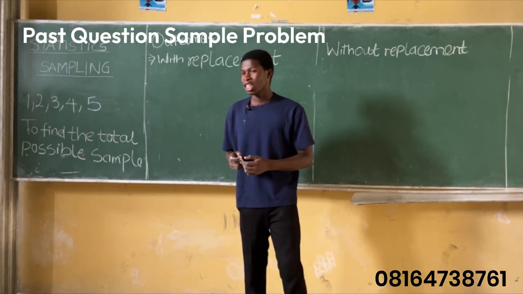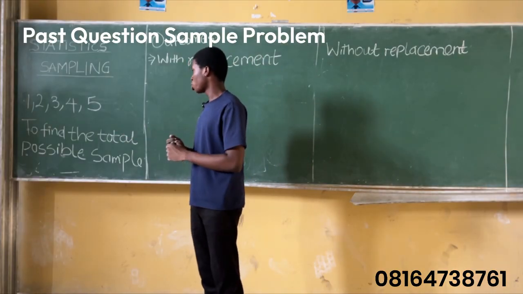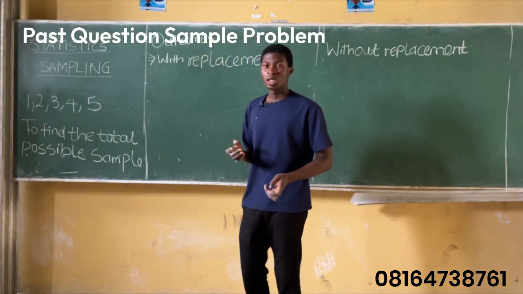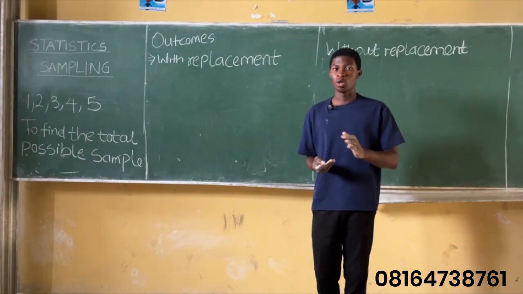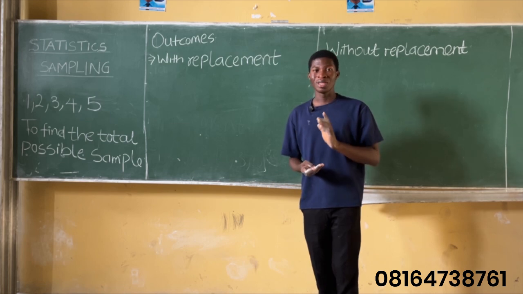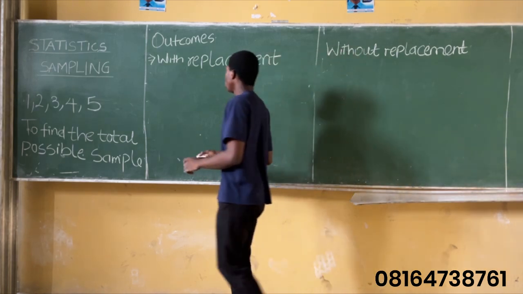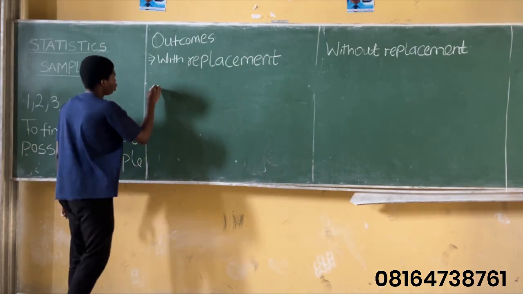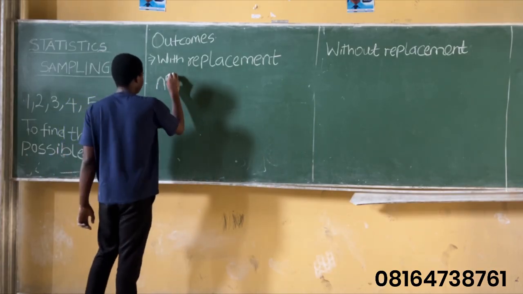So we'll be looking at a key terminology in sampling, whereby we'll be tasked to find the total possible sample outcomes. Which means if you're to take a sample with or without replacement, the total possible outcomes that you're able to get from those samples, that is what we'll be tasked to find. So with replacement, the whole idea is using n raised to the power of r.